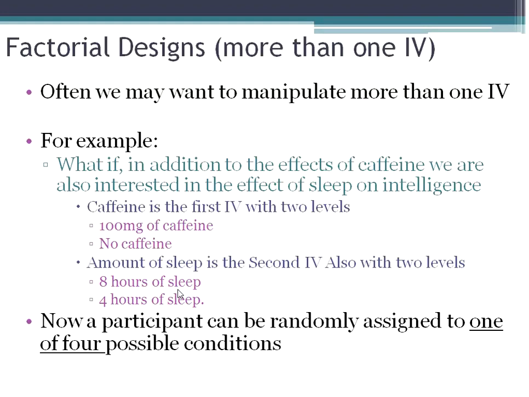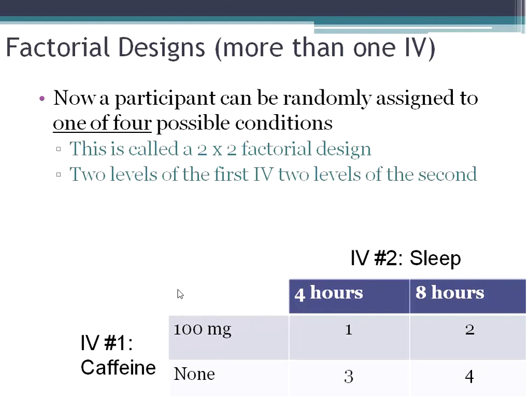What this means is that now a participant in this study can be randomly assigned to one of 4 possible conditions. We have 2 levels of our independent variable of caffeine, either 100 milligrams or none, and we have 2 levels of our independent variable of sleep. Either we let them sleep for 8 or 4 hours.